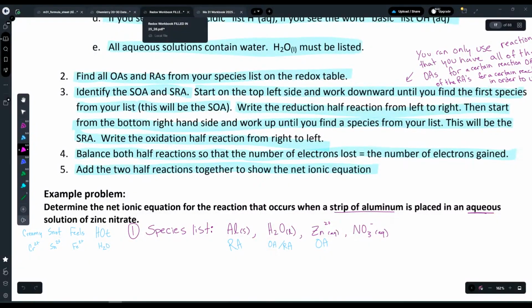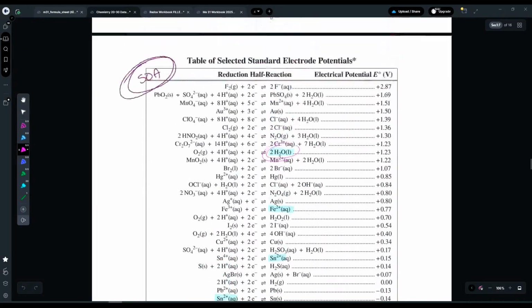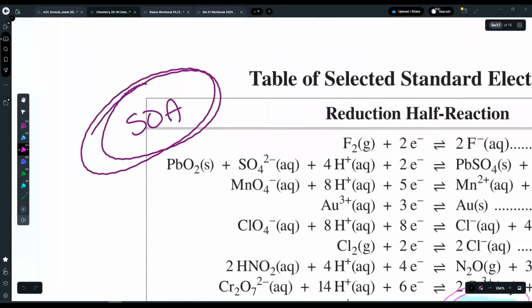Okay, so step number 3, we need to figure out what is our strongest oxidizing agent and what is our strongest reducing agent. So for the strongest oxidizing agent, I'm going to my table and I'm starting in the top left hand side. I'm not looking at the right hand side of the reactions, only the left hand side. Why? Because that's where all of my OAs are.